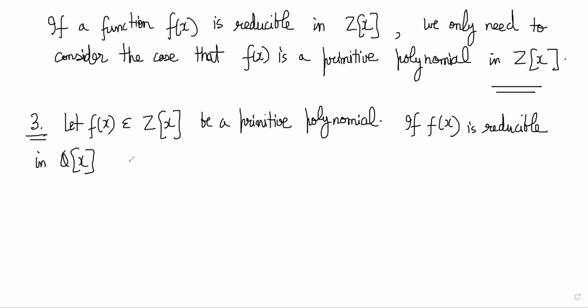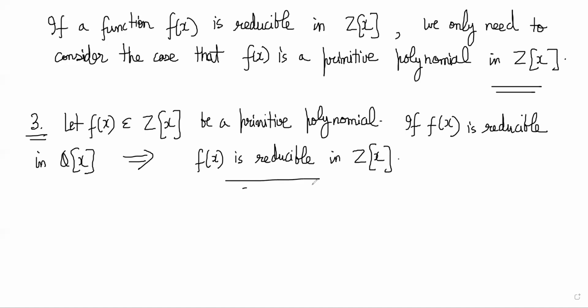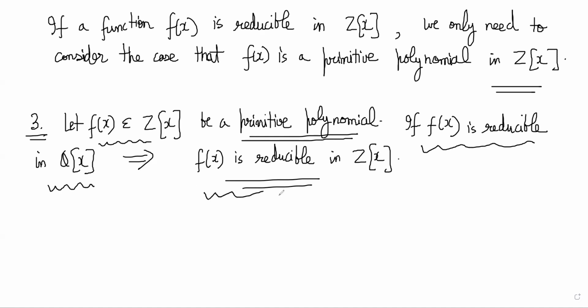It means that it can be decomposed as a product of two polynomials in Q of x. It implies also that f of x is reducible in Z of x. So if f of x was a primitive polynomial and f of x had factors in Q of x, that means f of x will have factors in Z of x.